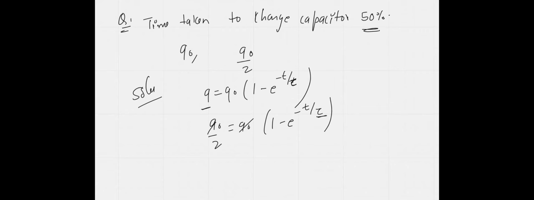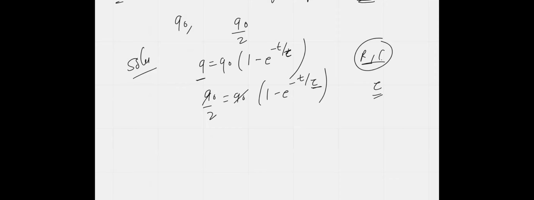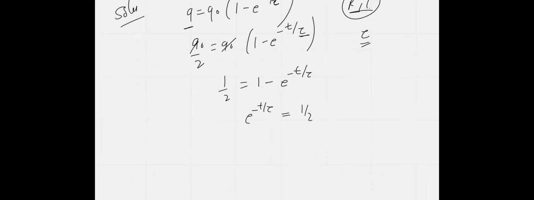R times C. Sometimes in a problem you will be given R and C, you have to calculate tau and use it. In some problems, instead of giving R and C, they will give you the tau value. So that's why I told you about this value. So half is equal to 1 minus e to the power minus t by tau.